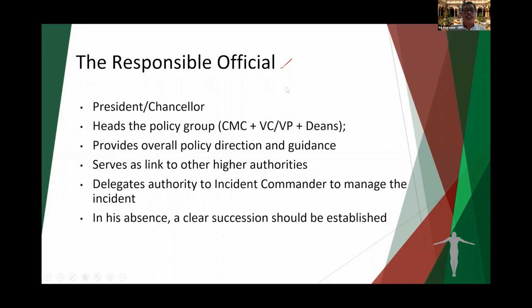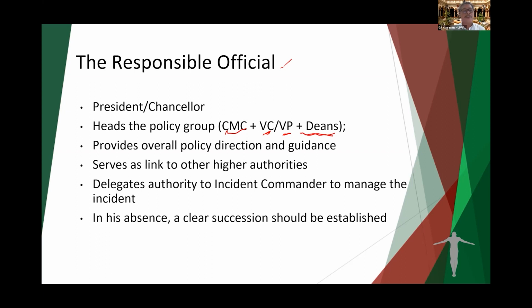The responsible official heads the policy group, which I propose to be composed of the members of the Crisis Management Committee, plus, in the case of a CU, the vice chancellors, and in the system, the vice presidents. And in the case of the CUs, this will include the deans. They will provide the overall policy direction and guidance to the incident commander.